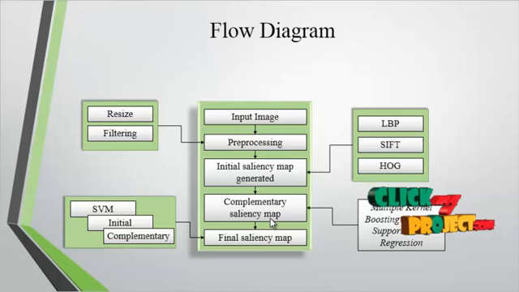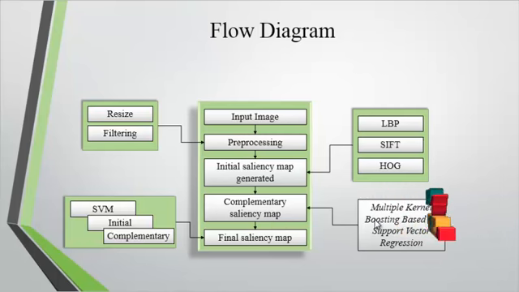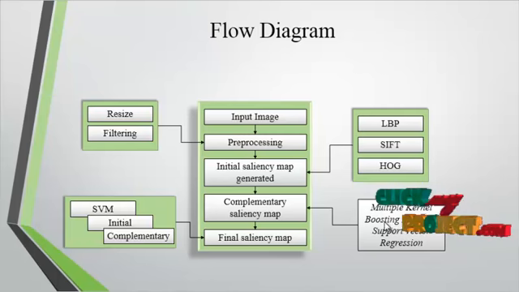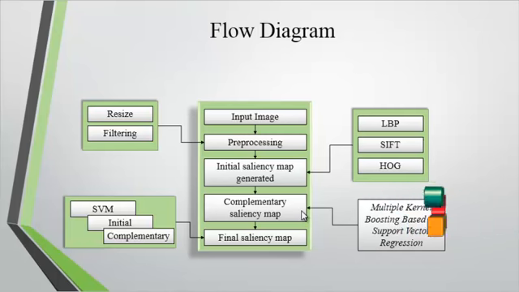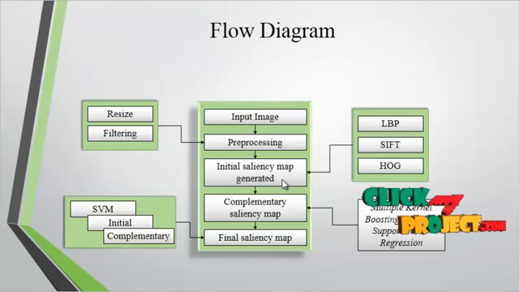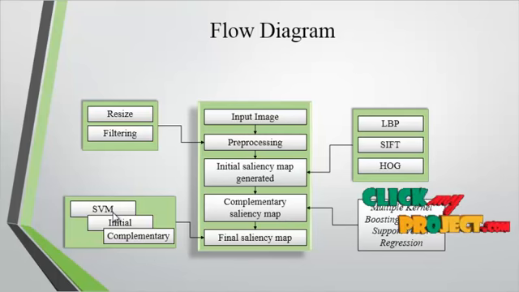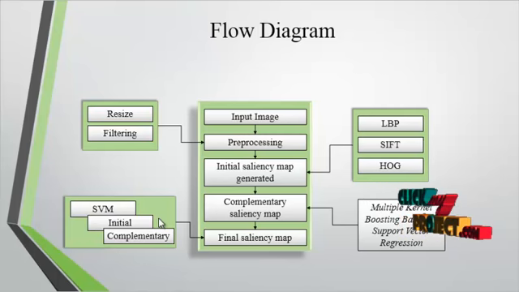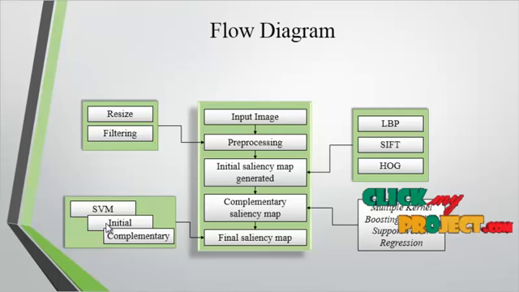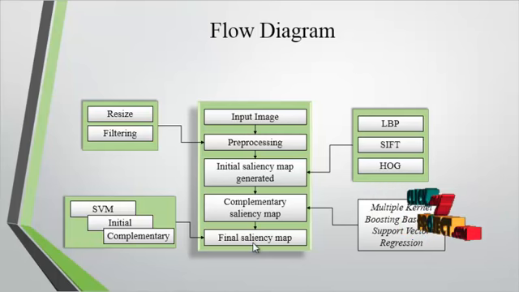In the complementary saliency detection, multiple kernel boosting on support vector regression is undergone for the complementary saliency map. Then the initial and the complementary saliency maps are combined along with the SVM, to form the final saliency map.